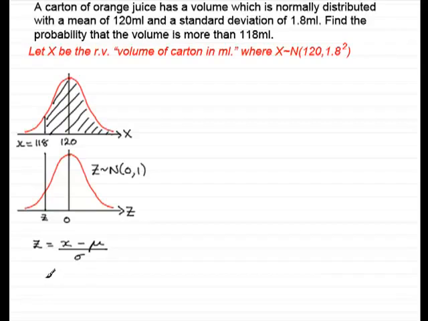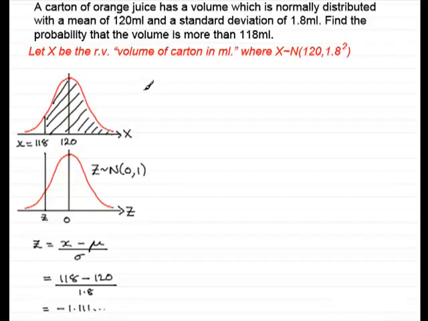If we put our values in, the observed value is 118 minus the mean mu, which is 120, all divided by the standard deviation sigma, which is 1.8. If you work this out, you get minus 1.111 and so on. So that's minus 1.111 standard deviations below the mean of 120, that value of 118.